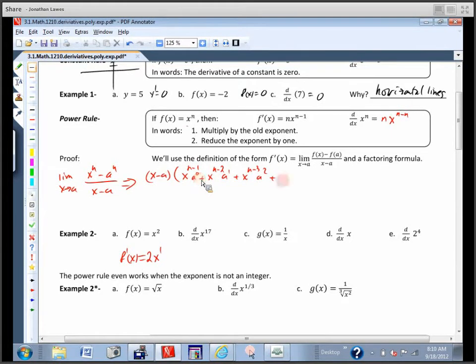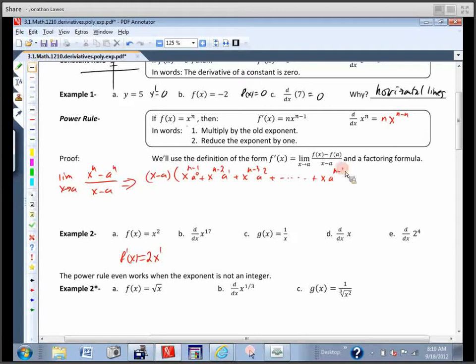The exponent on the x is going to reduce by 1 every time, and the exponent on a is going to increase every time. In fact, I could put an a right here. If the exponent here is 1 and the exponent here is 2, this would be a 2, a 1, and technically that would be a to the 0. So I could put them on each one of these.